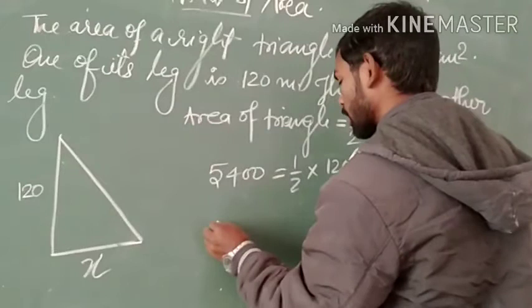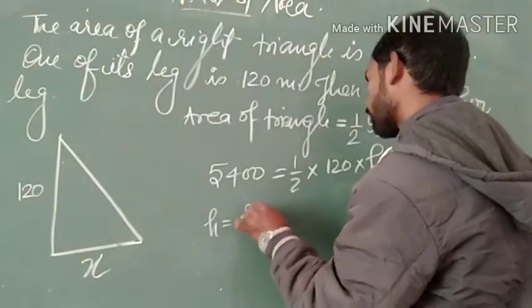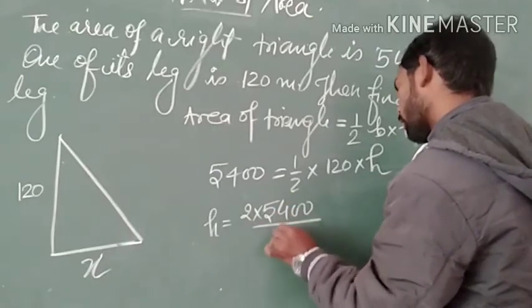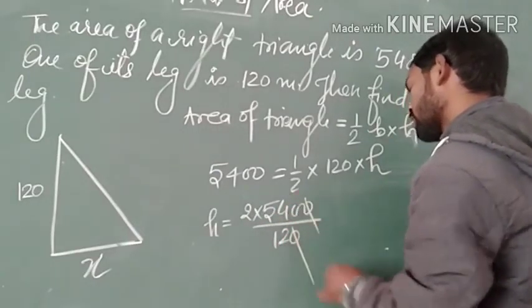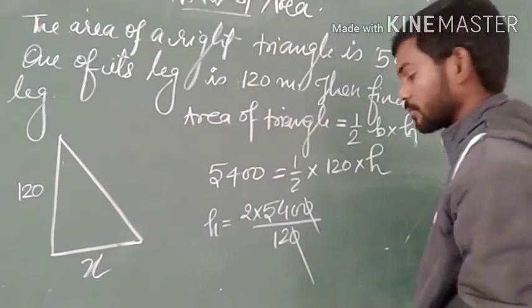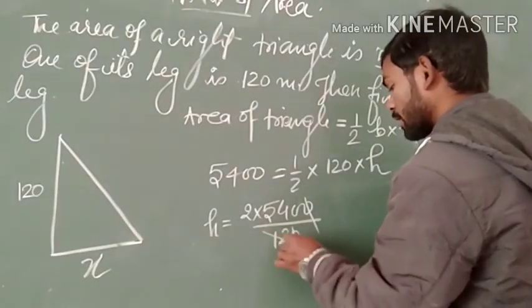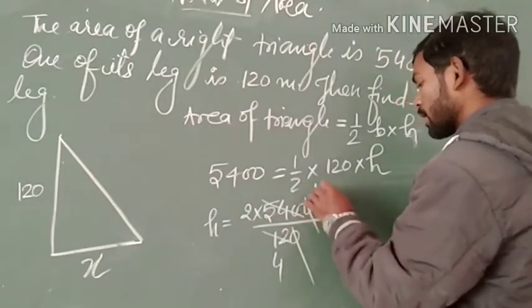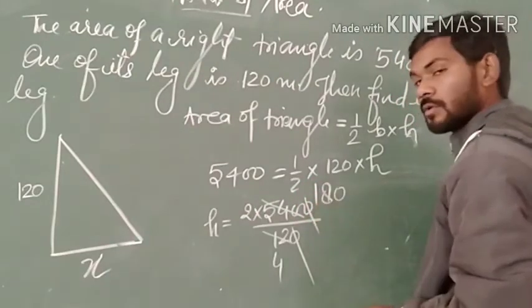So here we get h is equal to 2 into 5400 upon 120. 10 and 10 cancel out. Now divide it by 3. 3 4 are 12 and 3 1 are 3. 3 8 are 24.